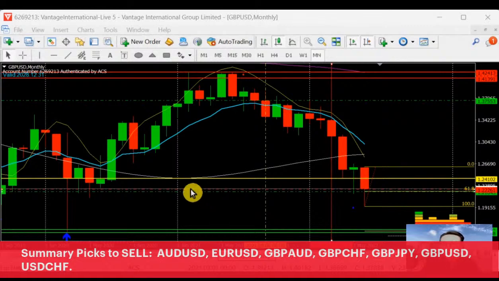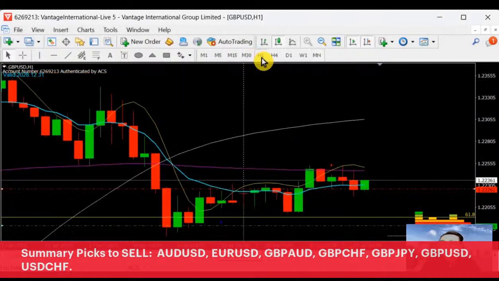From Forex New Way, there's a support at 61.8, which is around this area. Am I right? It's like fake out days. Yeah, that's quite true. Monday and Friday are hard to trade because of the weekly candle.